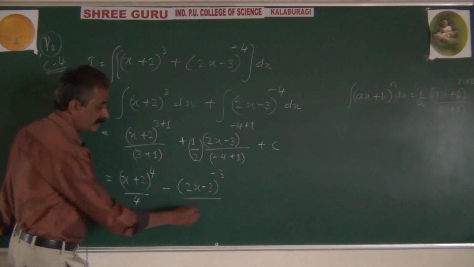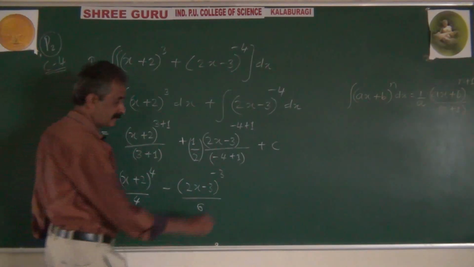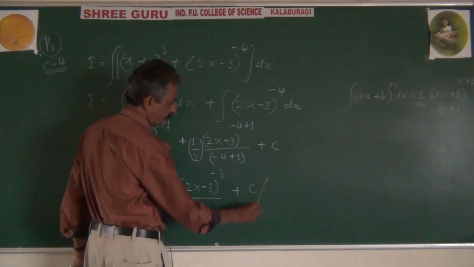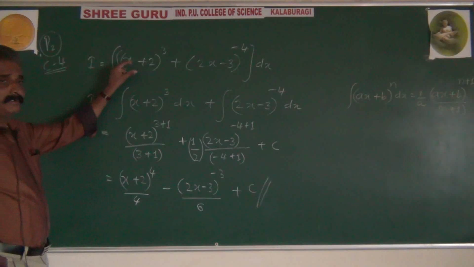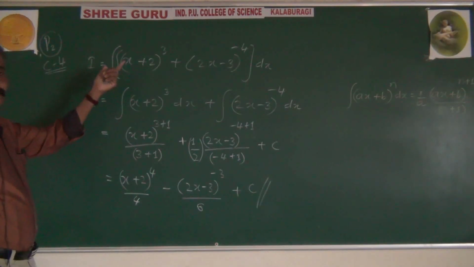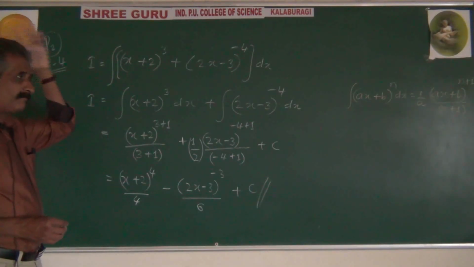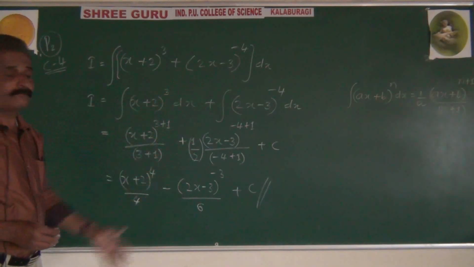That minus sign, I should write plus 6, plus constant. In some books, some lecturers prefer to apply (a plus b) whole cube, not wrong, but not required because we have that formula directly.